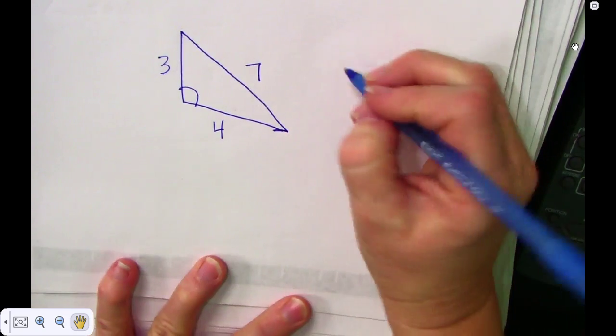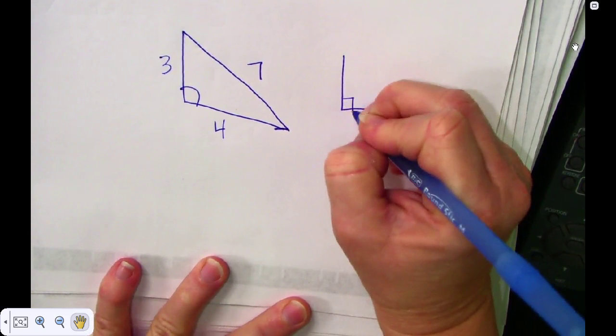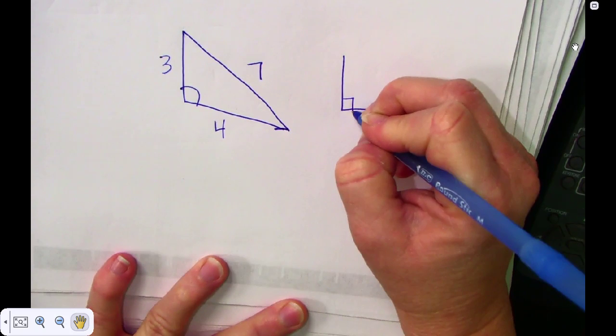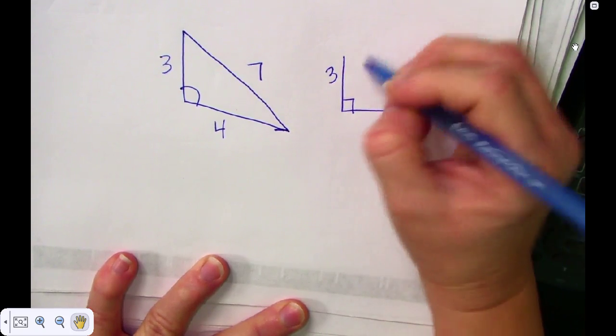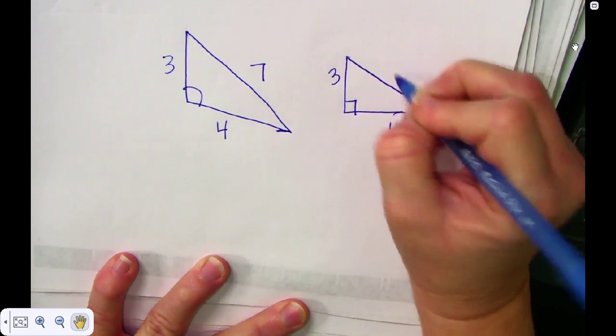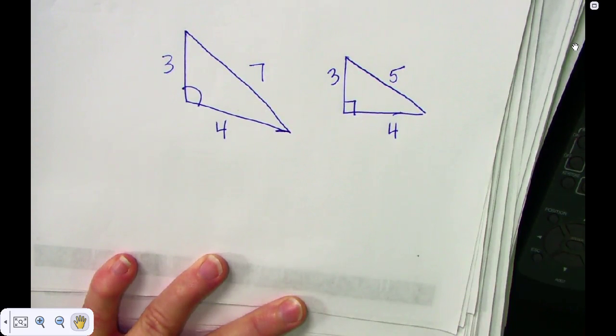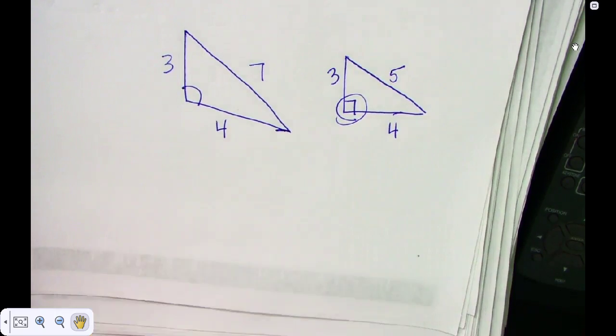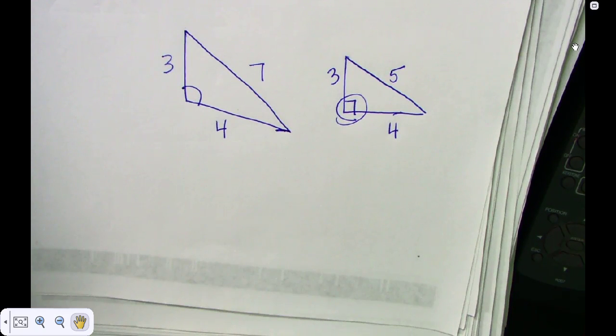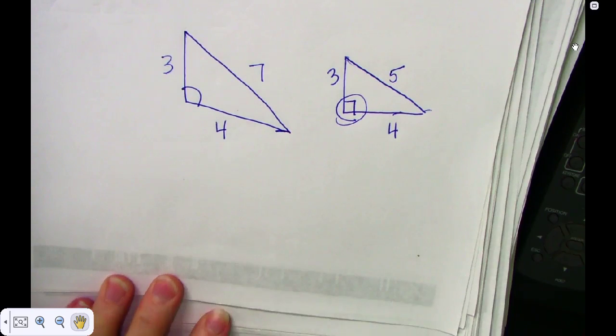If I want this to be a perfectly 90-degree angle, right angle, if that's 3 and that's 4, then the length from there to there has to be 5. It can't be any other number. If it's any other number, the angles aren't going to match up perfectly.